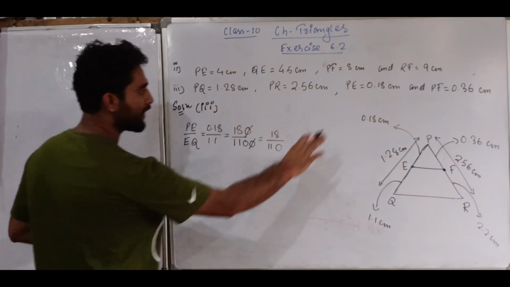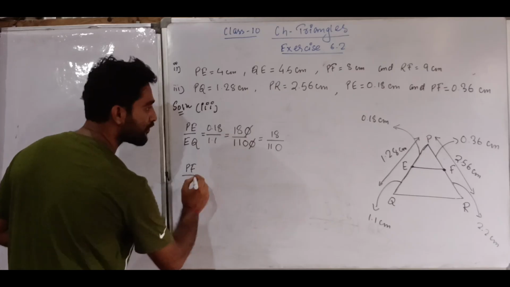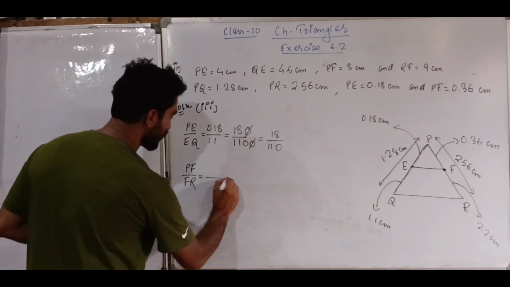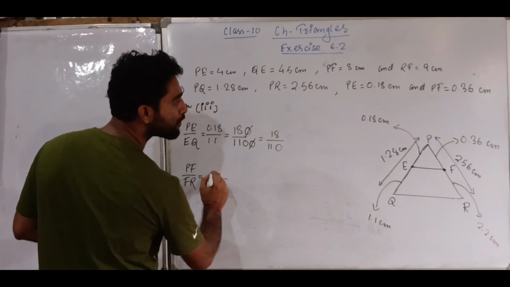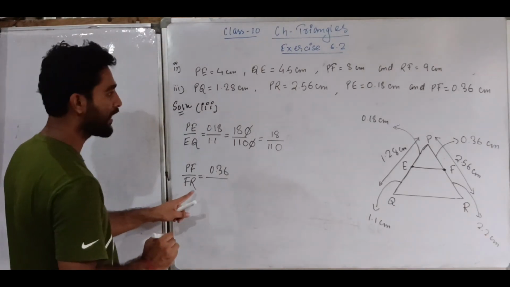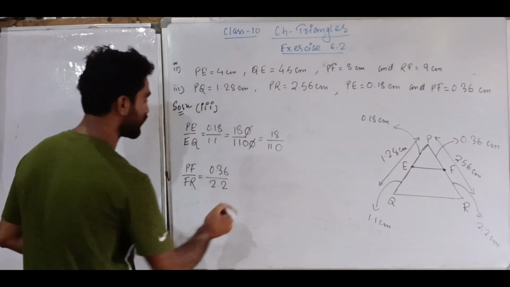Afterwards we'll simplify. Now let's see this PF divided by FR, how much we are getting. So PF is given 0.36 and FR is given 2.2.